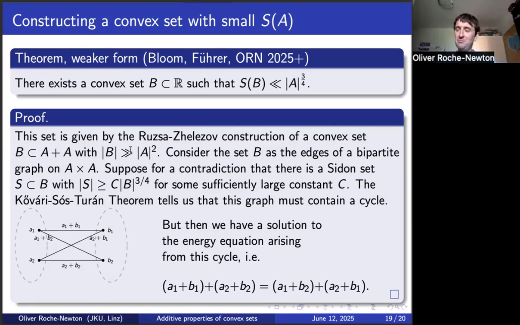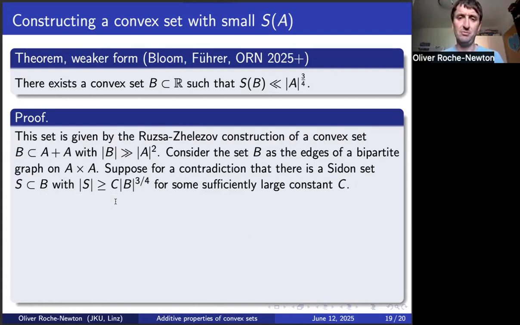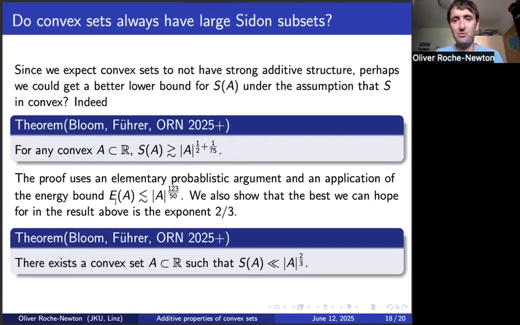You can do that by modifying the numbers in the Roche-Newton paper, and then with this unbalanced form of the Roche-Newton theorem, things work out a bit nicer, and you get this Sidon exponent of 2/3. But of course, the question is, what's the right answer?